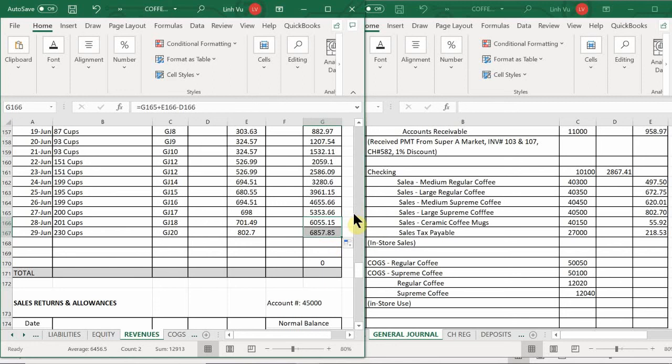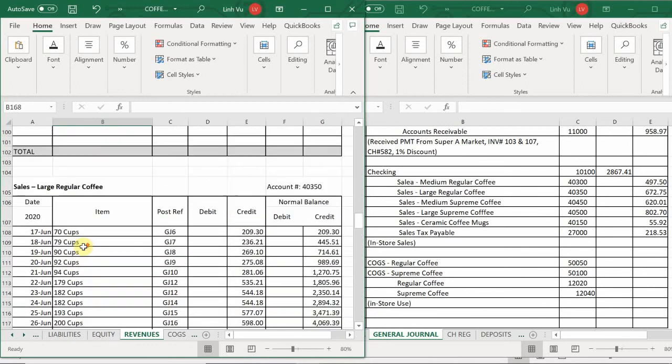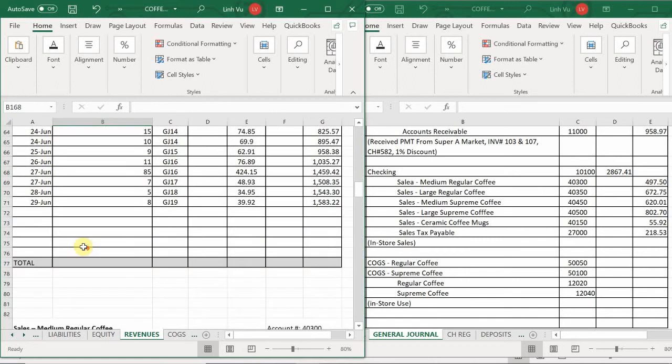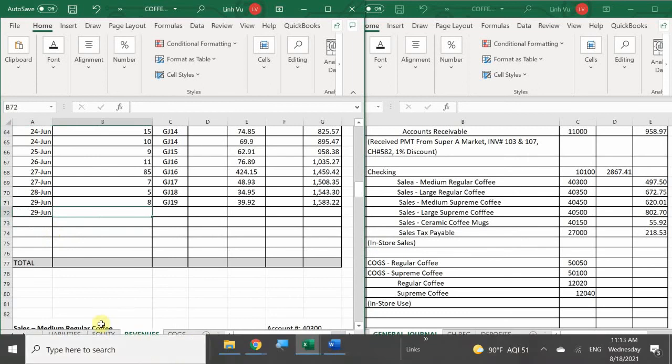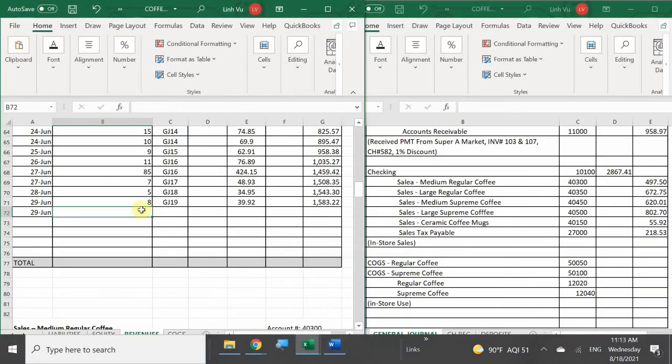Last on this list is going to be the ceramic coffee mugs. So we have to go back up a couple. There you go. Ceramic coffee mugs, $6.29. Let's see how many we sold in the store. We sold a total of 8 coffee mugs in the store.